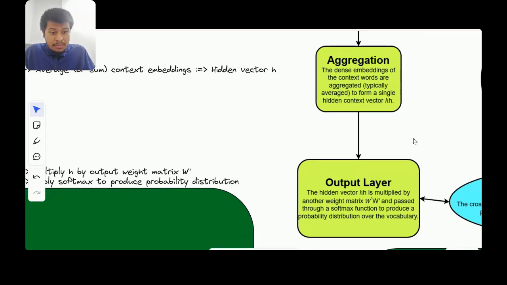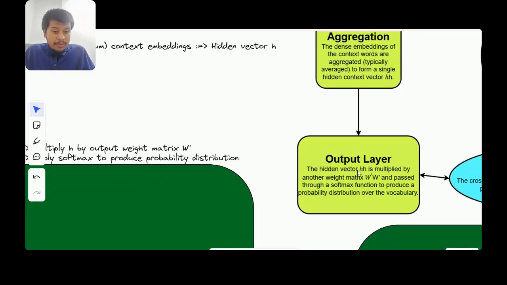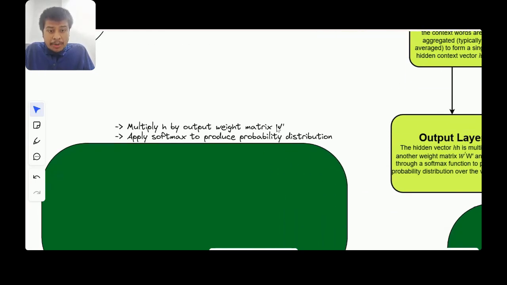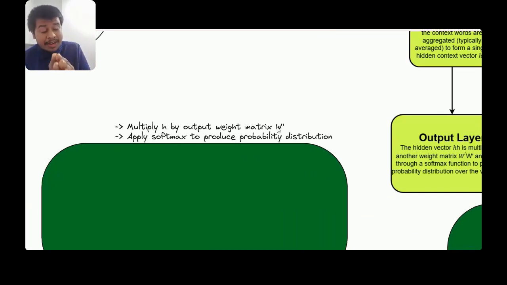We feed this hidden vector h into the output layer, and it is multiplied by another output matrix, that is W dash, and the product is given into the softmax probability distribution, which will give us a V dimensional output.